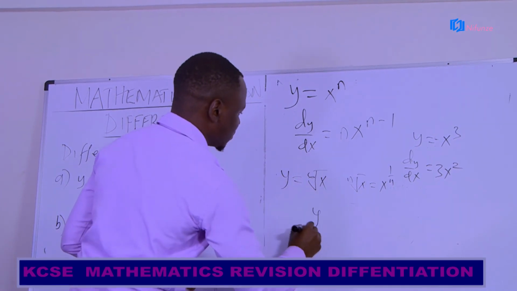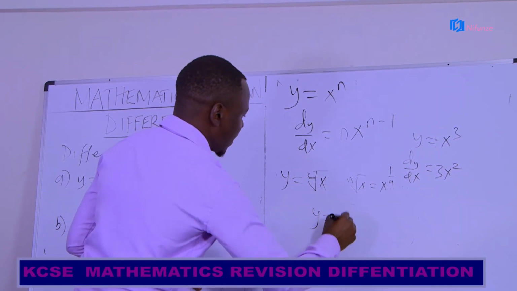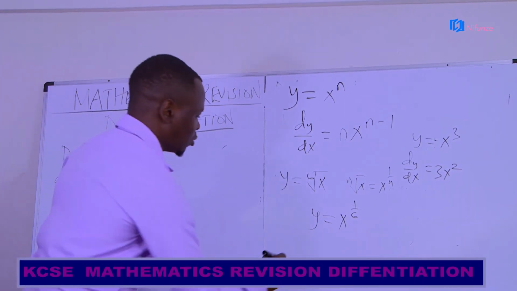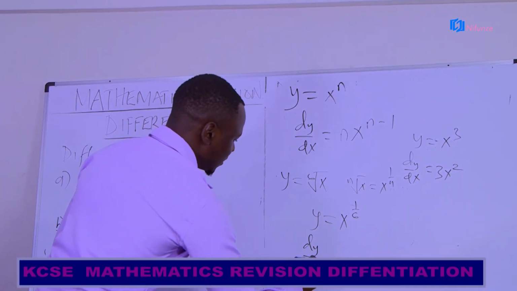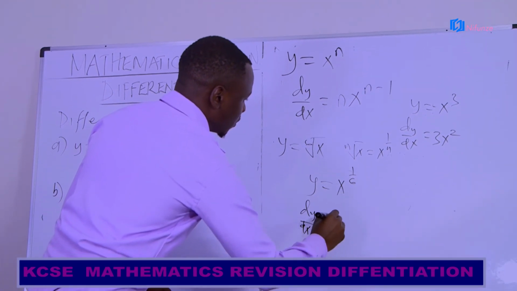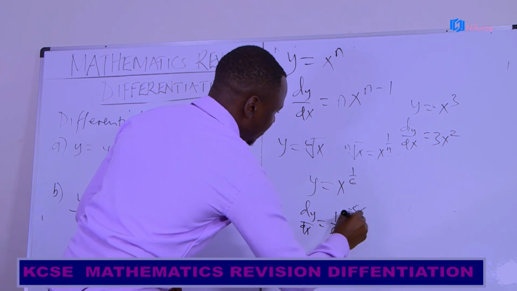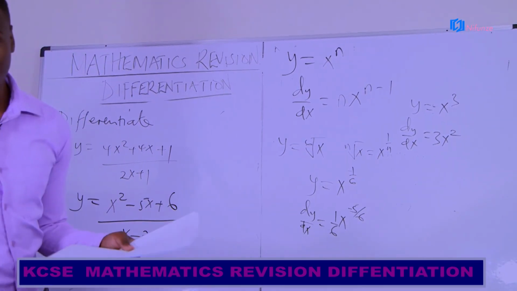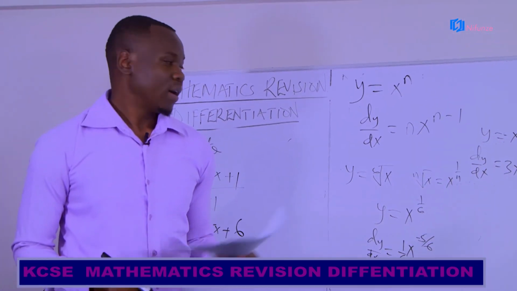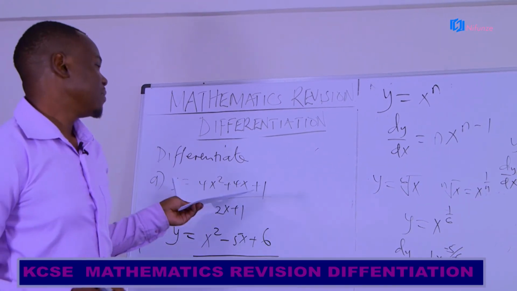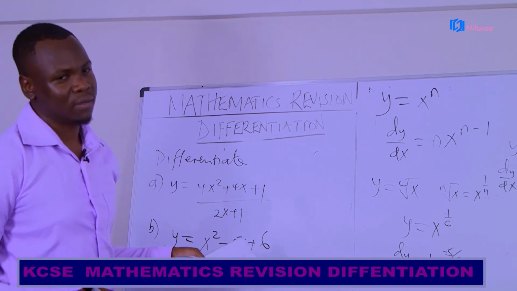So you have to say this is y is x raised to power 1 over 6 before differentiating, so that you get dy over dx is equal to 1 over 6 x raised to power negative 5 over 6, and then that's the correct answer. And the last concept is the one which involves factorization, which we have done.